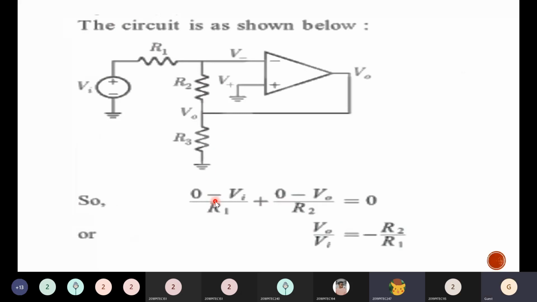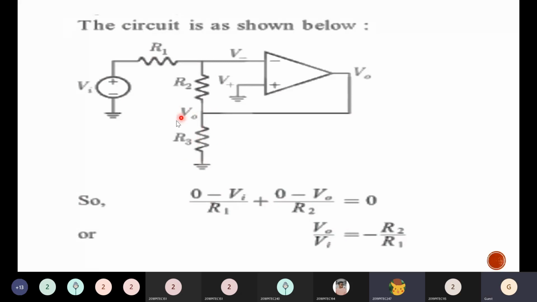So V naught by Vi will be equal to minus R2 by R1, that is the inverting amplifier gain. Though the circuit doesn't look like an inverting amplifier, still the gain of this circuit is also minus R2 by R1. The R3 is ineffective because from this point it has been grounded.